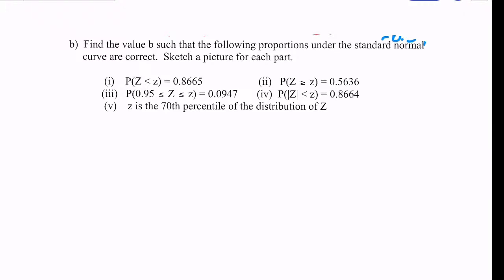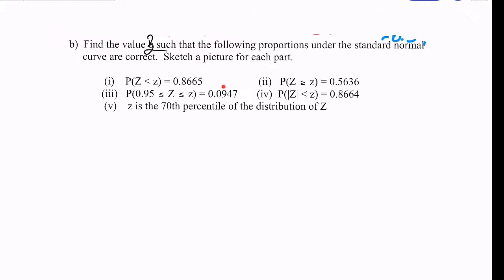Oh, who knows what I did here? Find the value of Z, find the Z-score, such that the following proportions under the standard normal curve are correct. So I'm asking you in this case, find the 86.65 percentile.